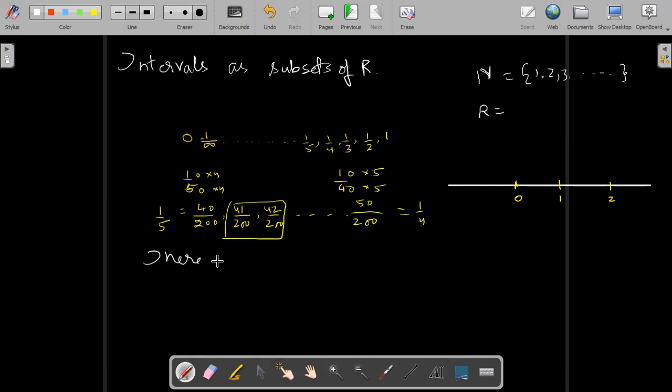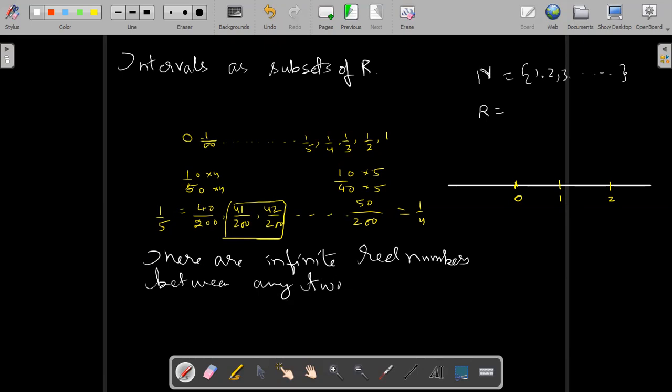There are infinite real numbers between any two real numbers. We can take any two real numbers.